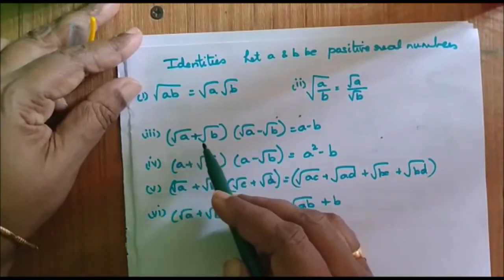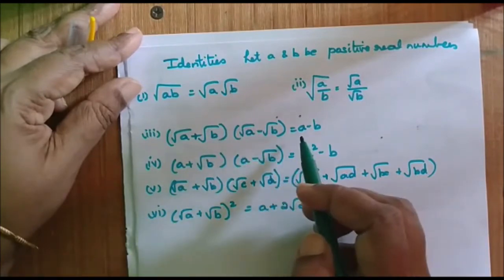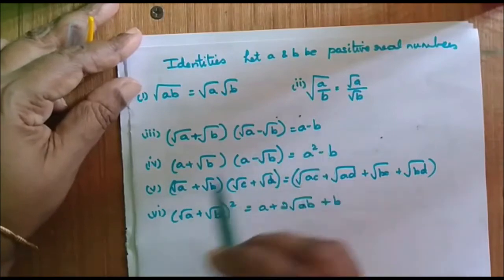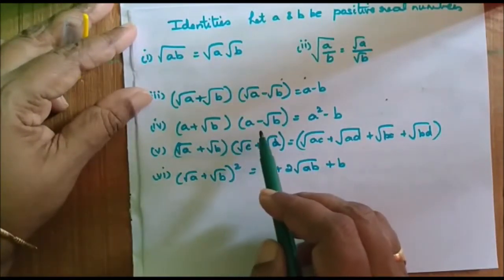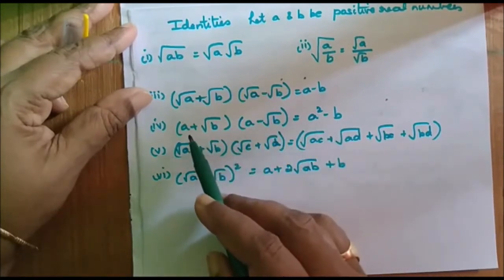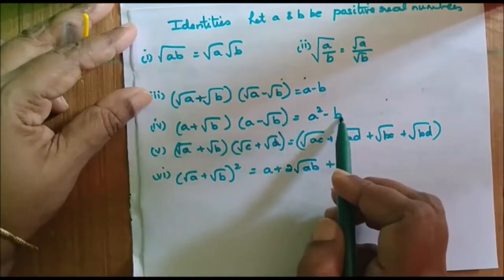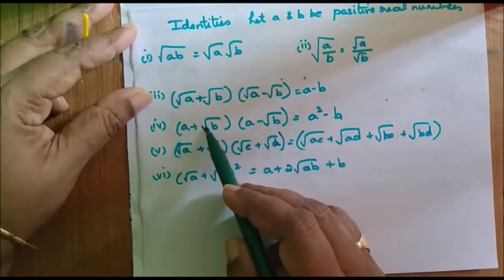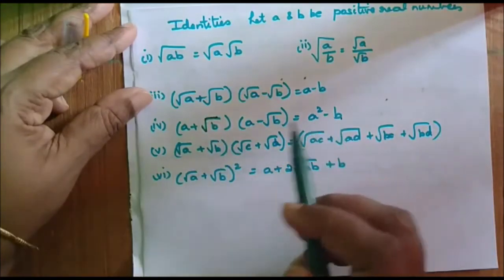So, (root A plus root B) into (root A minus root B) is A minus B. Similarly, (A plus root B) into (A minus root B) is equal to A squared minus B. See, you know, (a plus b) into (a minus b) is a squared minus b squared. But here b is in the form of a root. So, I have A squared minus B.